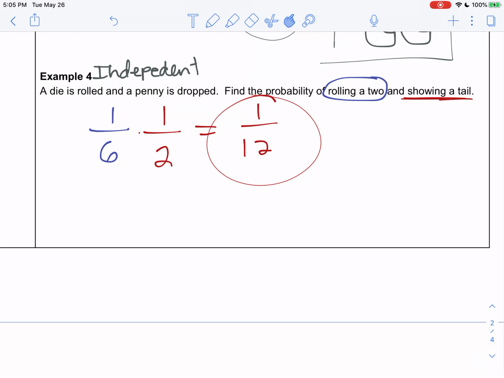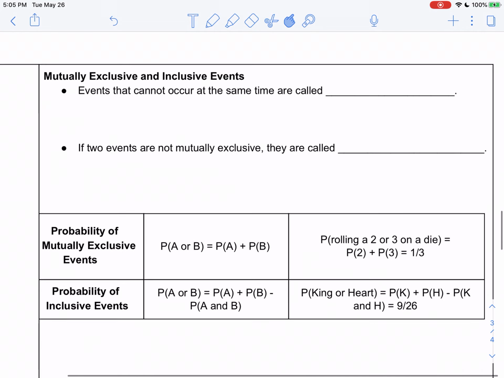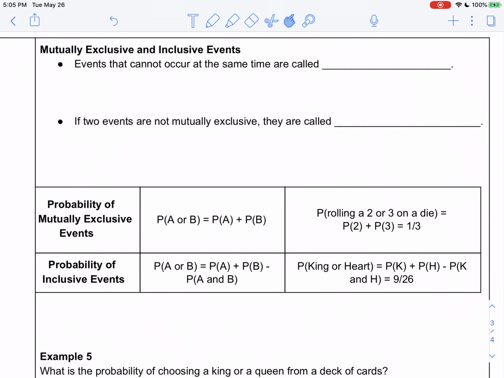Moving along. Mutually exclusive and inclusive events. Events that cannot occur at the same time are called mutually exclusive.